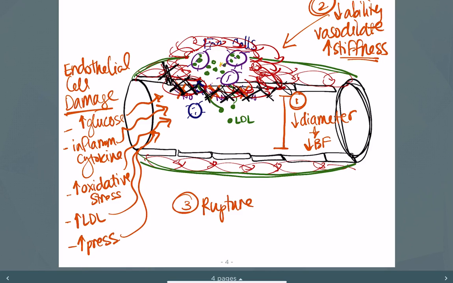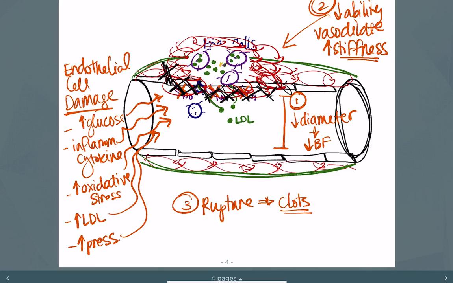And if the fibrous cap that's holding this lipid core in the wall ruptures, the contents of that lipid core spill out into the blood, and this is highly thrombogenic. If it ruptures, it causes clots. The body is going to try to repair the wall very quickly, and you're going to get a spontaneous clot.